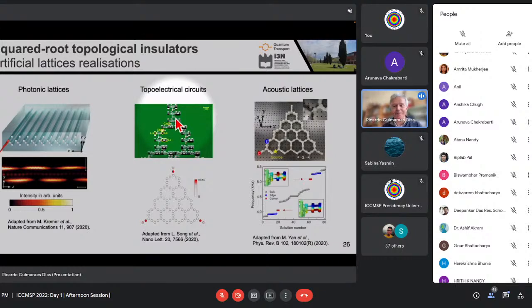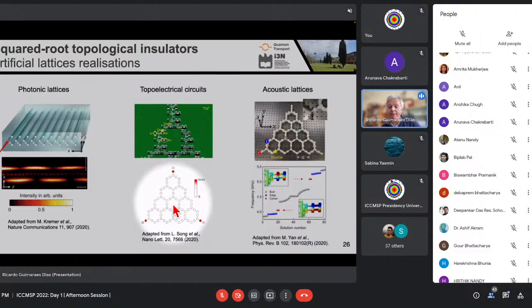Acoustic lattices are interesting: it's basically a sequence of cavities connected by small channels where you create sound. Topoelectrical circuits are electric circuits with capacitors and inductors and all of that, and you can simulate topological insulators and square root topological insulators on that.